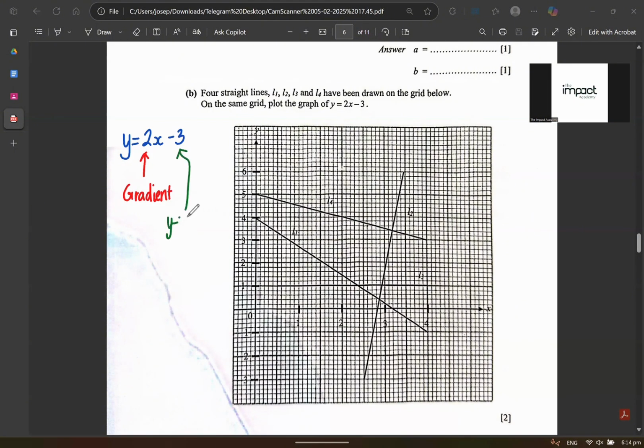Can you understand? Now, I'm going to teach you how you can use your equation to draw a line. Am I making sense? How can you use your equation to draw a line? What do I mean by that? Let me explain to you. This 2 over here means gradient, right?